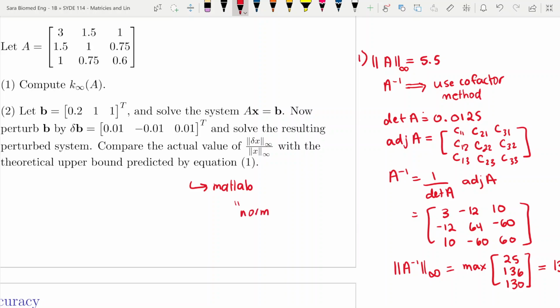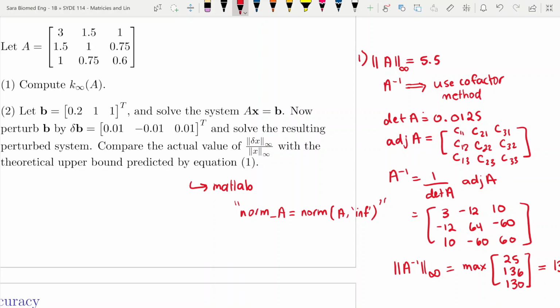Now let's call this K1 equals norm of A times norm of A inverse. Or we can directly compute the condition number using cond of A. Same thing, we need to specify the norm type.